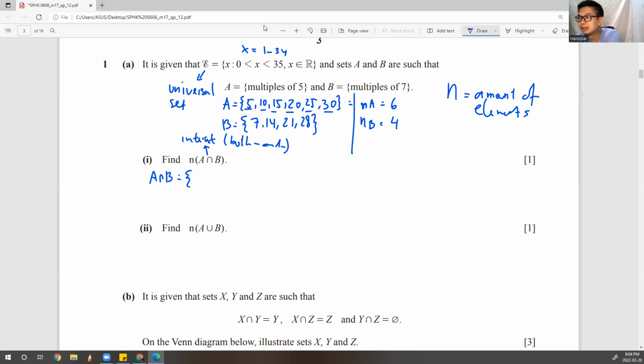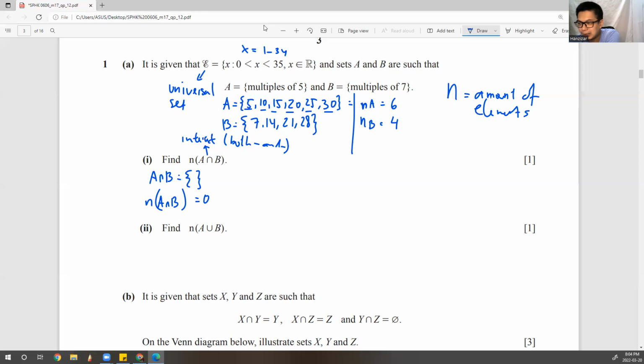No, right? So A intersect B is an empty set. So the amount of A intersect B, sorry, not union, is 0. Okay, piece of cake, right? Because there are no equal elements in A and B.